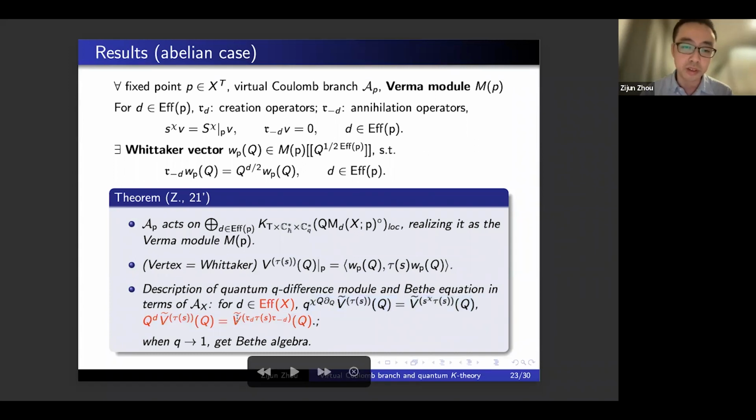You get also a vertex function, but this descendant insertion is multiplied by the generators R sub D and R sub negative D on the left hand side and right hand side. Using this description, at least in the abelian case, we can recover all the q-difference equations satisfied by the vertex functions.